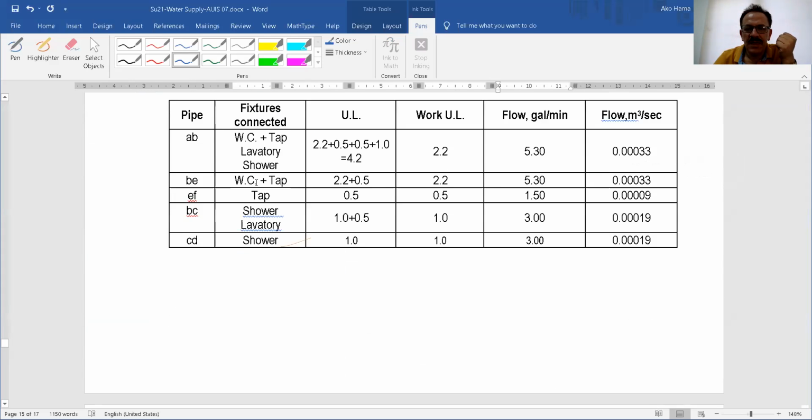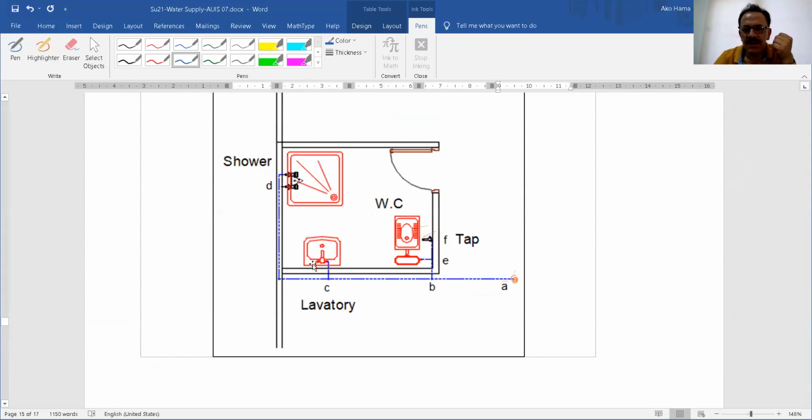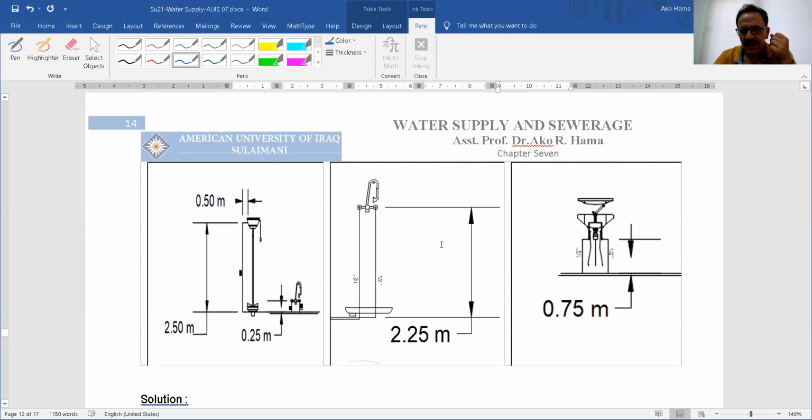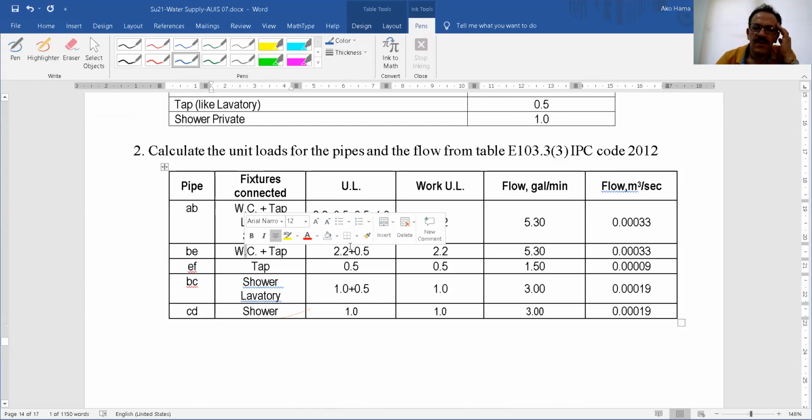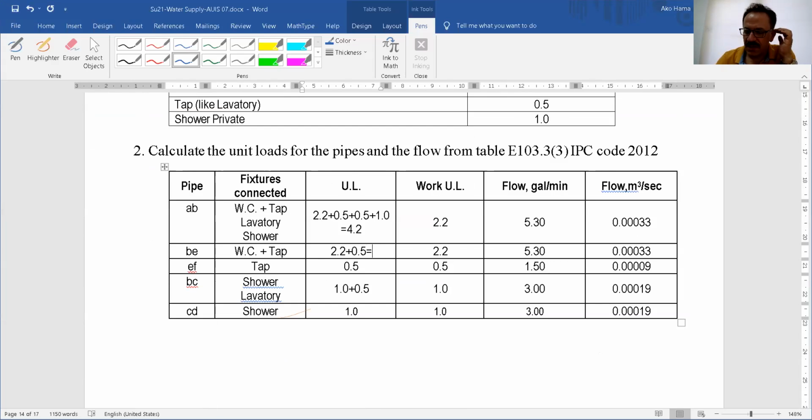Now for BE, where's the BE? Here's BE. For this pipe, it will have a tap, which is like a lavatory, and we have a water closet. So what will be the unit load? For this one, BE, we have a closet, and the overall is equal to how much? 2.7.